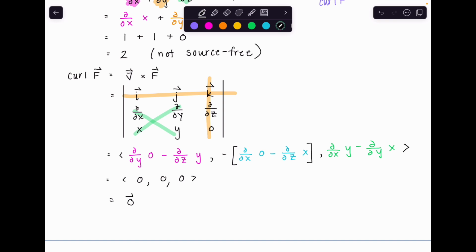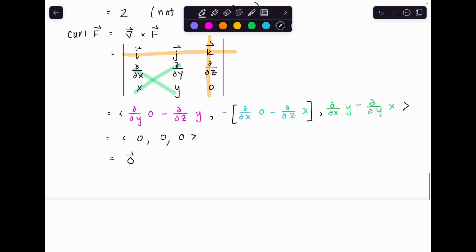So this would mean the vector field is irrotational. And also because the curl is equal to 0, it's conservative. So this vector field is irrotational and conservative.